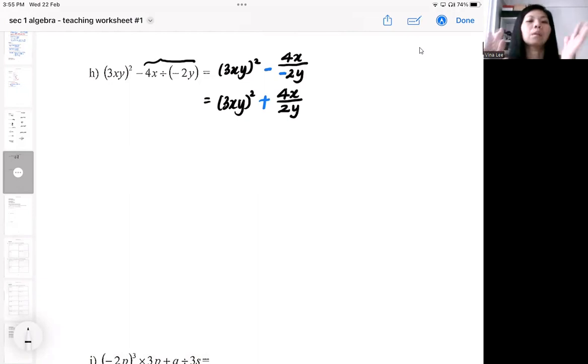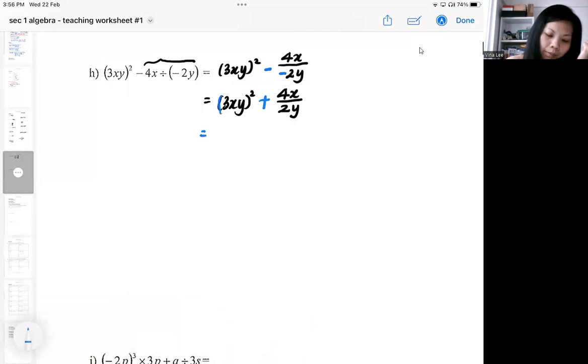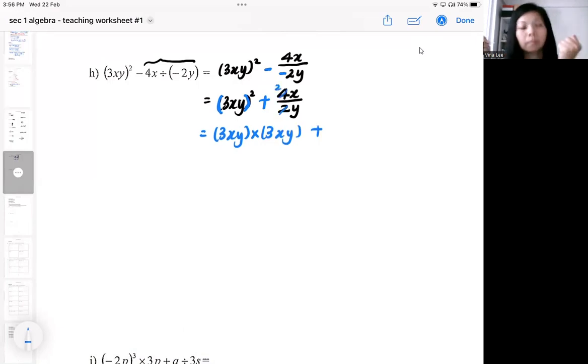Okay, now it doesn't look so complex already. Then I'm going to simplify. So I'm going to double up the bracket here. The bracket is repeated twice. And there is a cancellation that I can do. The primary school cancellation. So I'm left with 2x over 1.